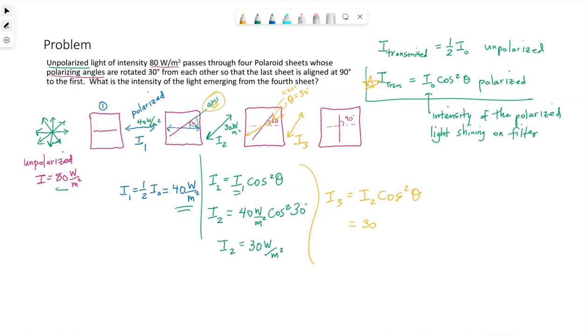I2 is 30 watts per meter squared, and the angle between these two is 30 degrees.